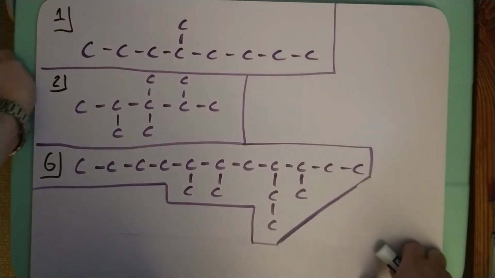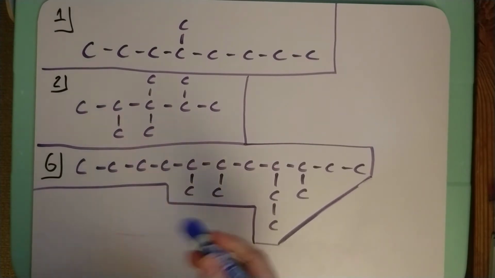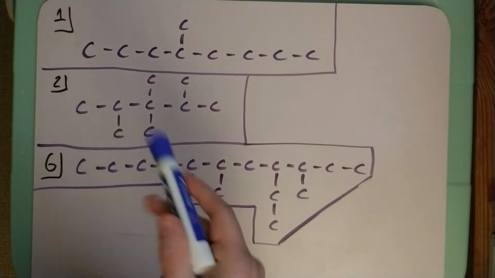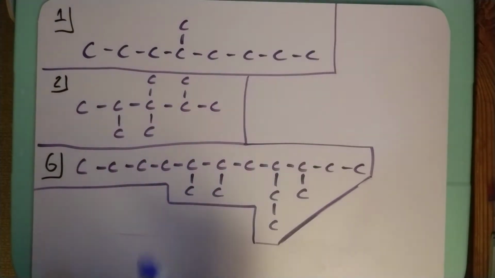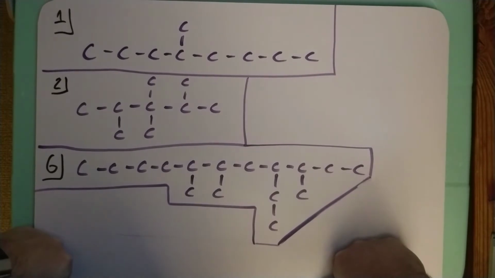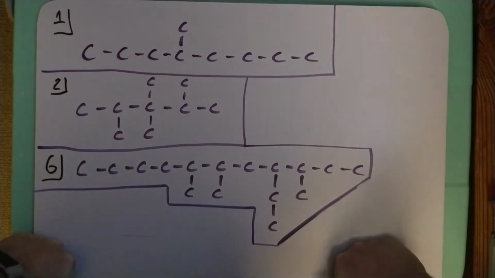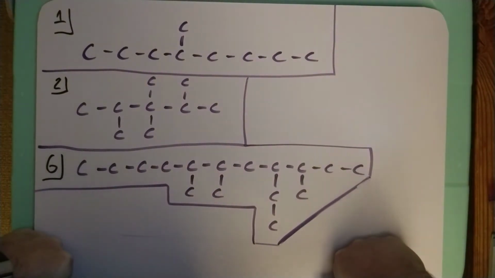Now, when we talk about numbering, we're talking about identifying the number for each carbon in the parent chain. This is important because when we name the branches, we have to identify what carbon of the parent chain each branch is attached to.